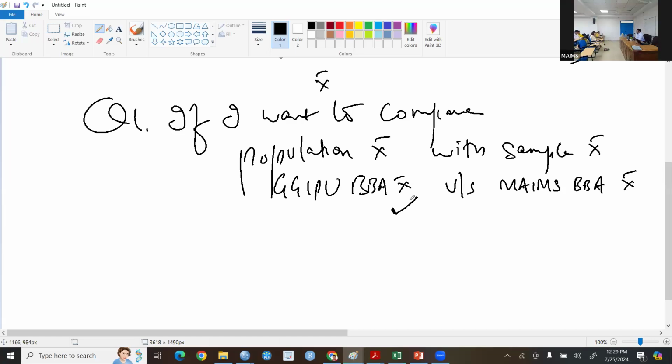So if I am going to compare whether my students have outperformed IP University, then I will go for which test? One sample t-test. One sample. I'm only comparing whether MAIMS students are better or lesser than IP.